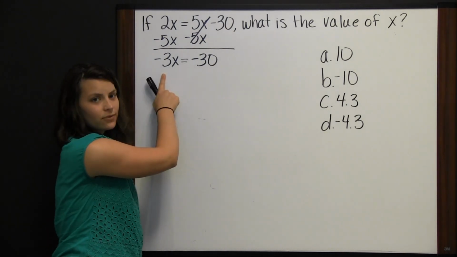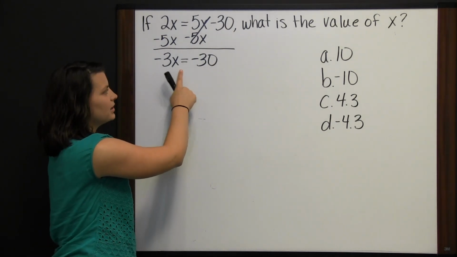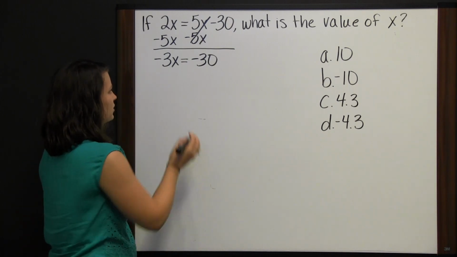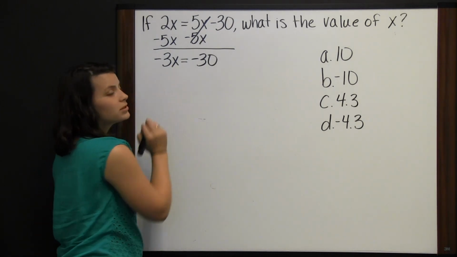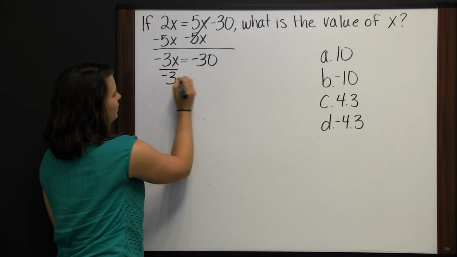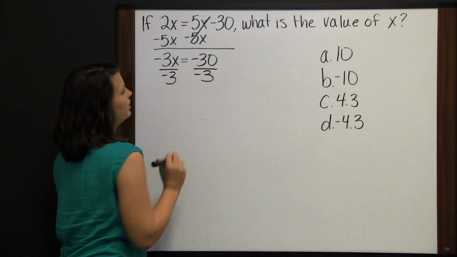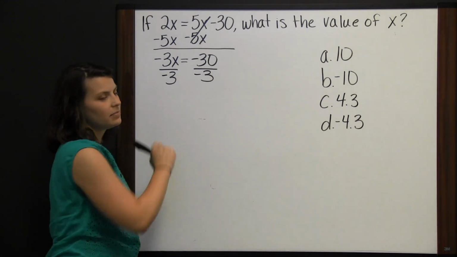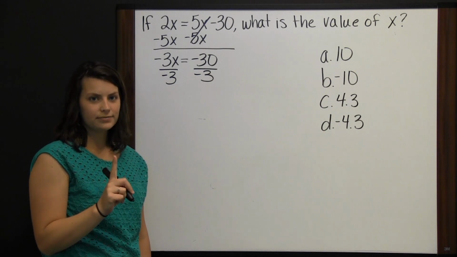Now we have negative 3 times x is equal to negative 30. So to solve for x, we need to do the opposite of multiplying by a negative 3, which is dividing both sides by a negative 3. Negative 3 divided by negative 3 is 1.